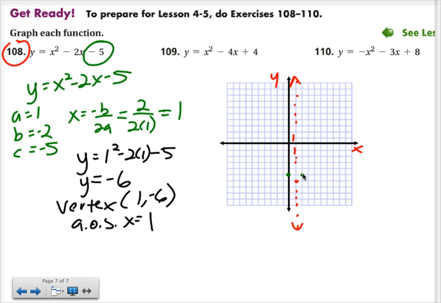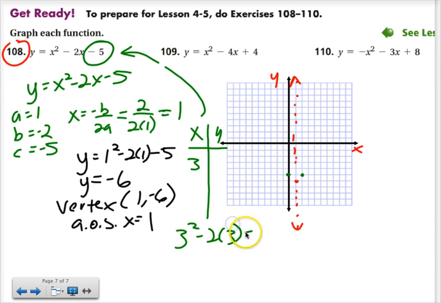That's not enough, especially in a quiz or a test, that's just not enough. So what I'm going to want to do is put in at least one other number here. I've already used up 0, 1, and 2. Could certainly try 3 and see if that gives me a little bit of space here. So we plug that back in to the formula, and we get 3 squared minus 2 times 3 minus 5 is going to give us y.